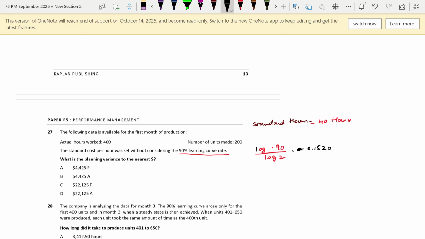Now we have to think about the learning curve. Remember this while doing this. Y equals a plus bx, is it right? What is the formula for the learning curve?